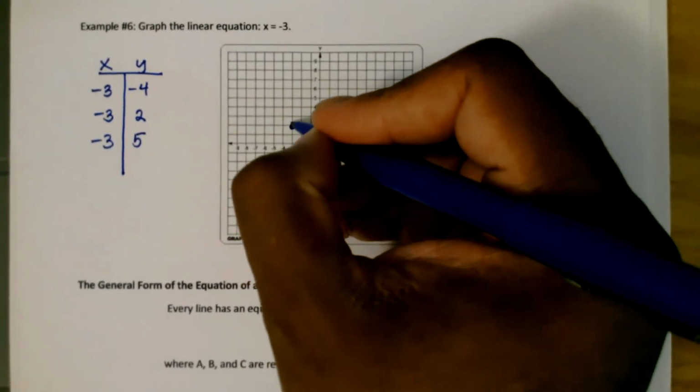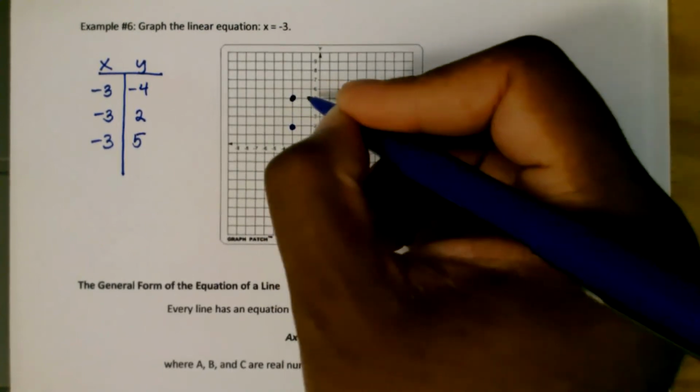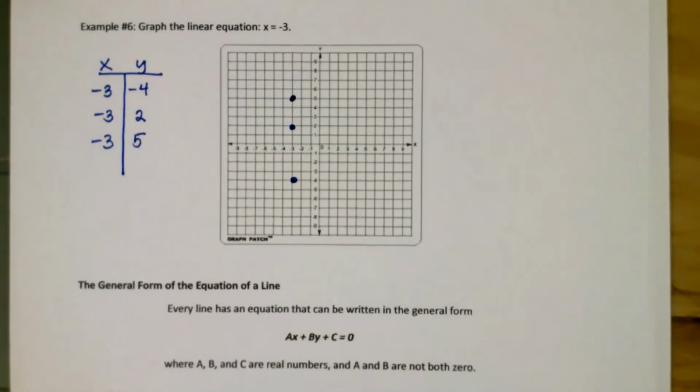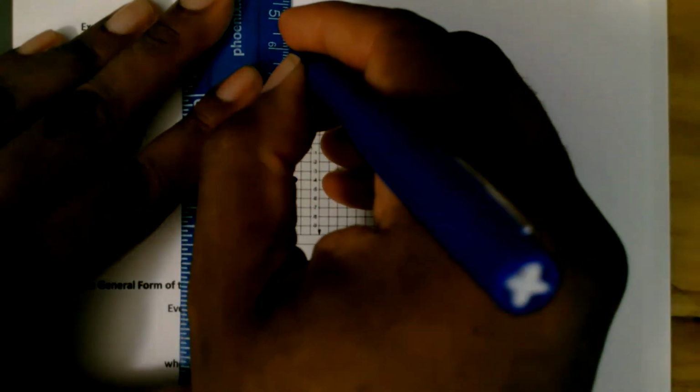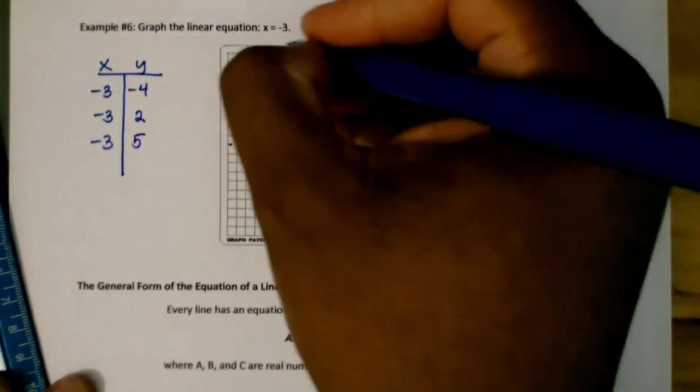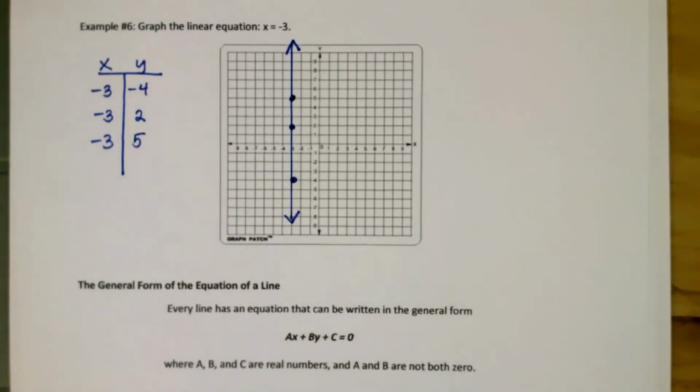And then finally, (-3, 5) would be to the left 3 and up 5. So you can see here those 3 points form a vertical line. And that's the graph of the vertical line x is equal to -3.